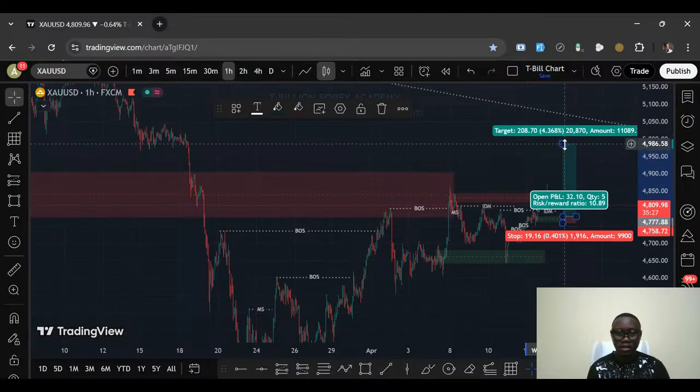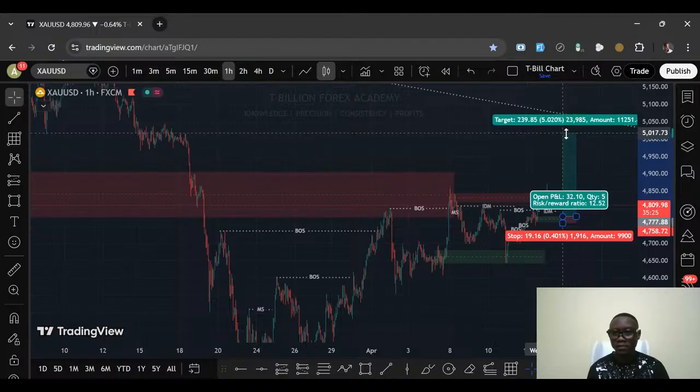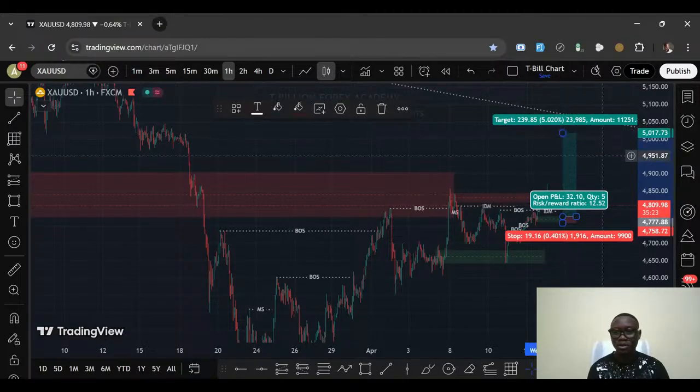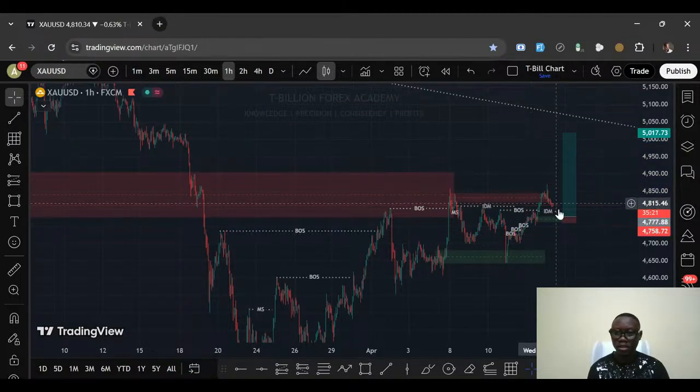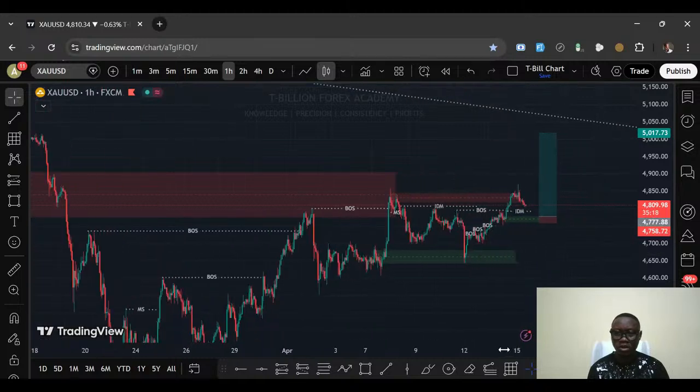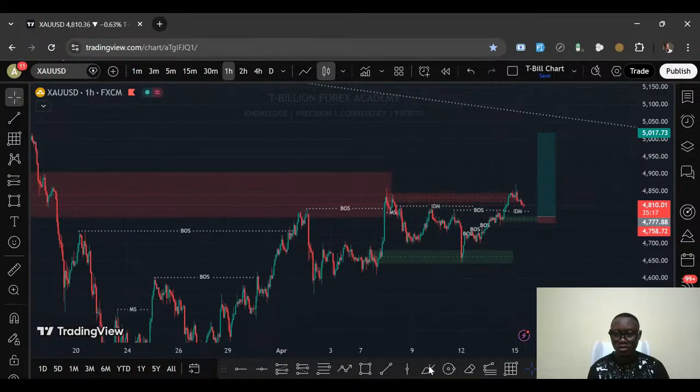we could target this high, right? Target this high. But again, it's possible that we might experience something like this. After price takes out this, price might potentially react at this other block, one of the other blocks on here, and I don't know the depth to which price might retrace.